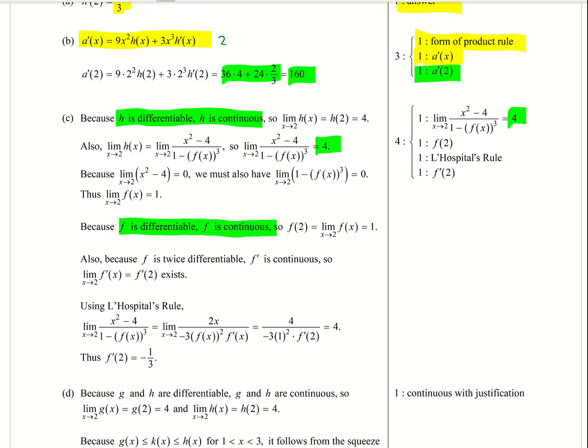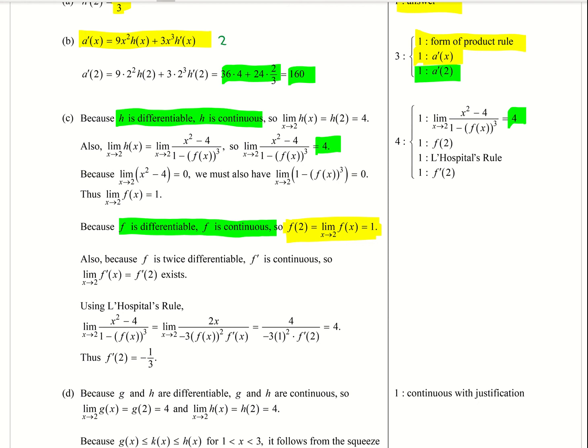We did do that. f of 2 is equal to 1. We got that somewhere. Where did they put that? There we go. f of 2 is equal to 1. Okay, my notation was a little bit different, but we did talk about that equaling the limit somewhere. You've got to have that somewhere. We have that, and we did get that final answer. L'Hopital's rule.